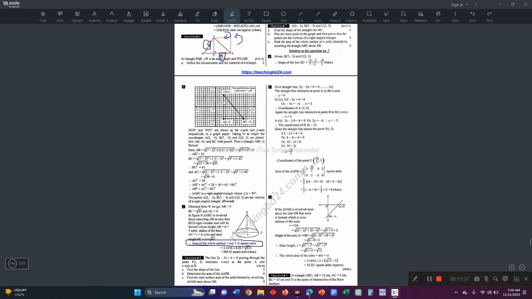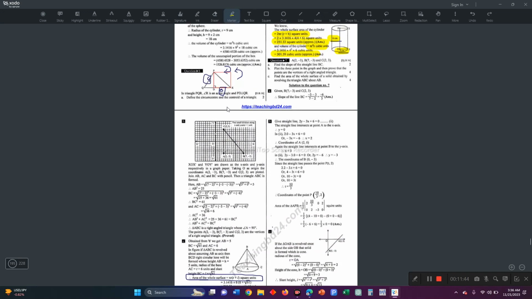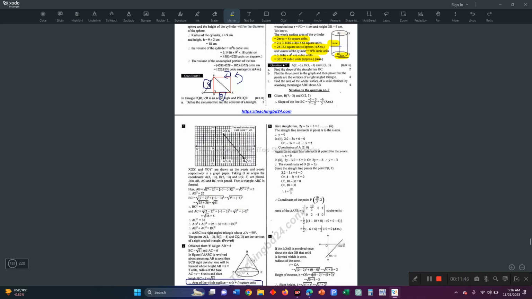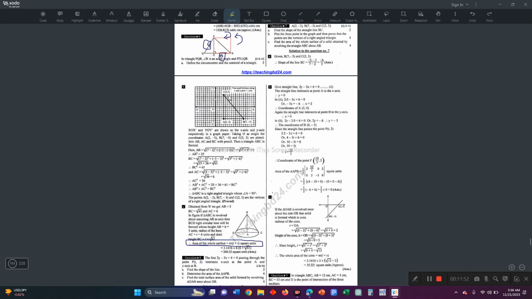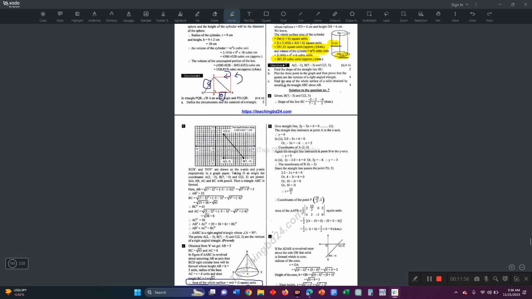Another math question, for the right circular cone. They have said that they have plotted these points on this graph and it formed a triangle, and further they have revolved this triangle once, and usually it will form a right circular cone. So then we have to find the area of the whole surface of the right circular cone.